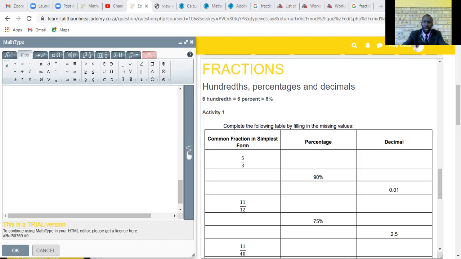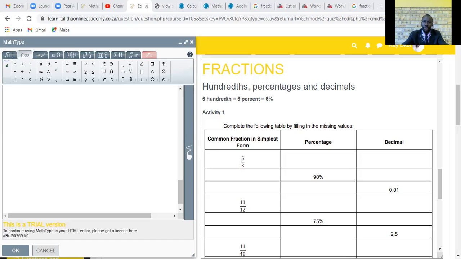Now, fractions with the same denominator are easier to compare. For this reason and other reasons, fractions are often expressed as a percentage or as hundredths. A fraction expressed as hundredths is called a percentage.